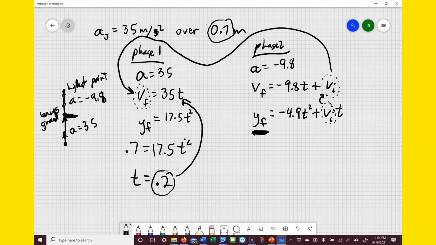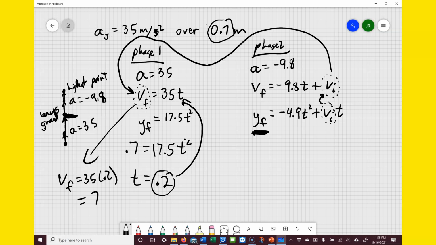So 35 times 0.2 is 7. So this v f equals 35 times 0.2, which is 7.